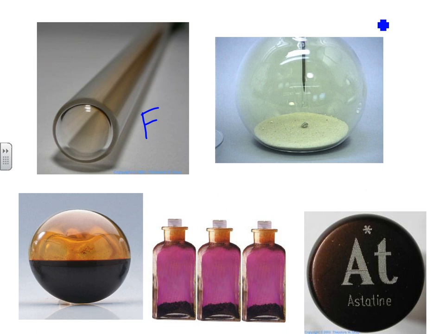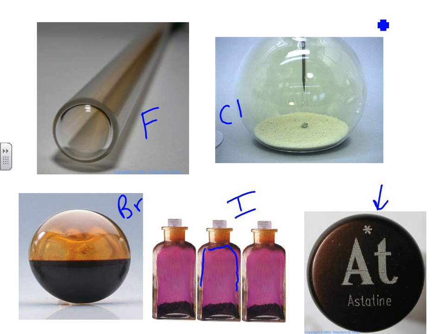Chlorine is definitely green. Bromine is a red liquid, one of 2 liquids on the periodic table. Iodine is a solid, but it sublimes very easily, so you usually see iodine vapor above the iodine. And astatine is radioactive and actually extremely rare, so we don't have a sample of it here either.